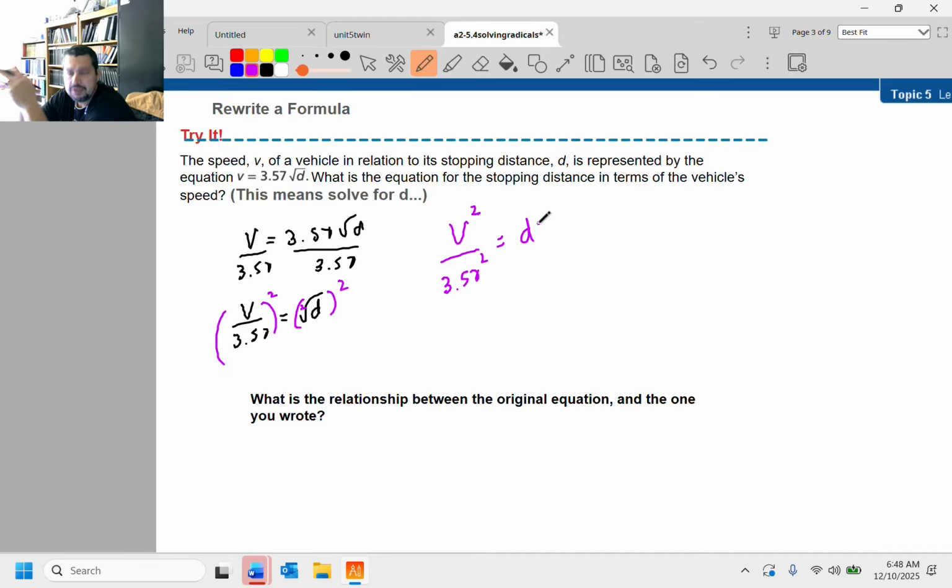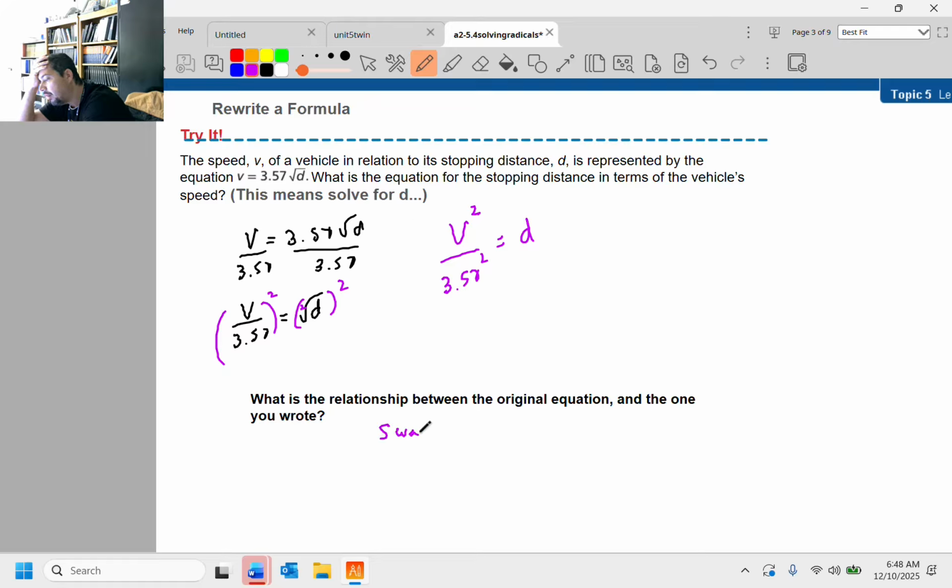So that's done. Now, what is the relationship between the original equation and the one you wrote? Well, they have swapped input and output. Notice this one had an input of distance. This one had an input of velocity.